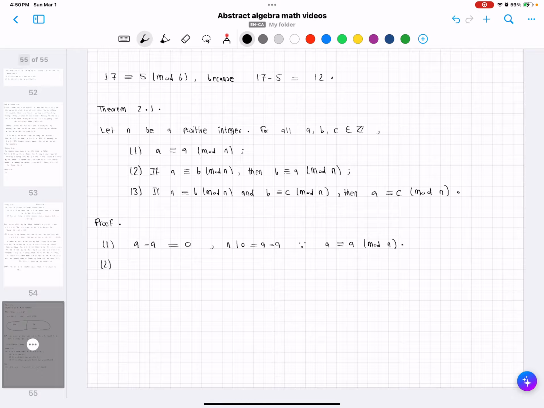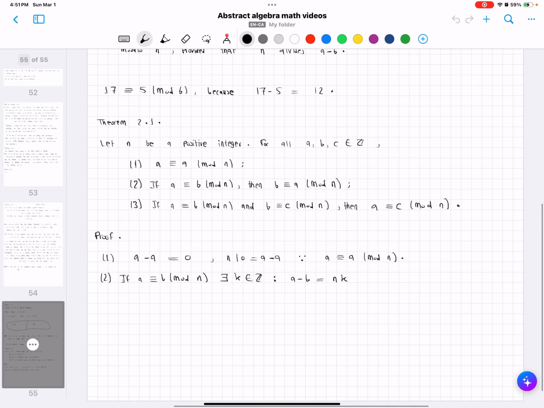The second part: if a is congruent to b mod n, then there exists a k inside of the integers such that a minus b equals n times k, as n divides a minus b by definition of congruence.